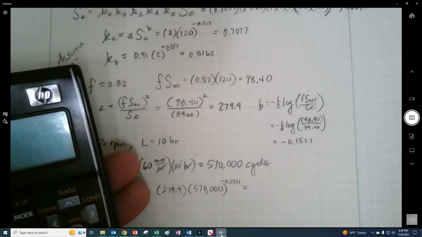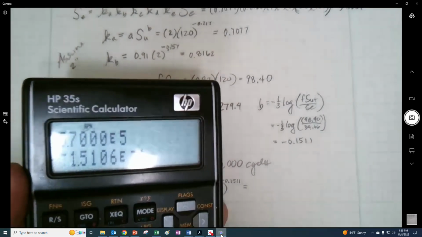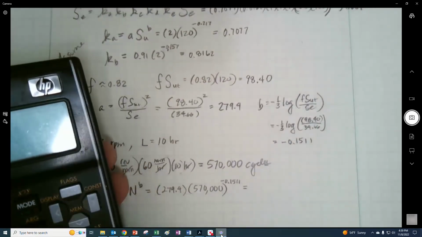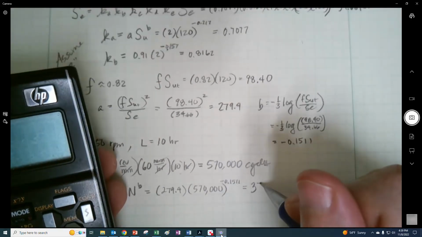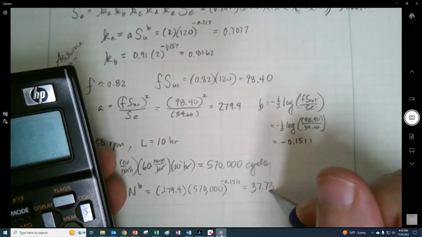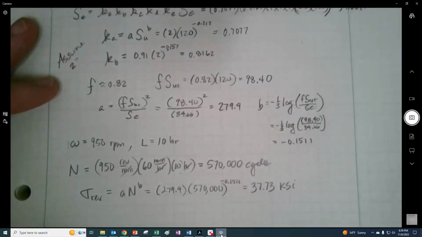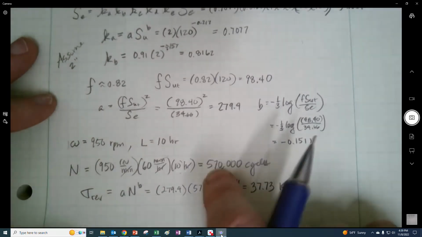I still have those in my stack, so I can just hit the raise-to type of thing, and then multiply by that. Boom. So I have that: 37.73 ksi is the stress that we need to get. We need to subject this to that many stresses for that many cycles to get failure.